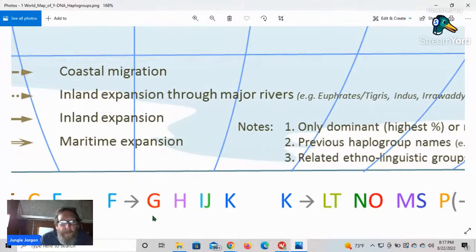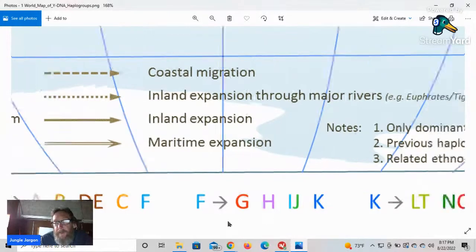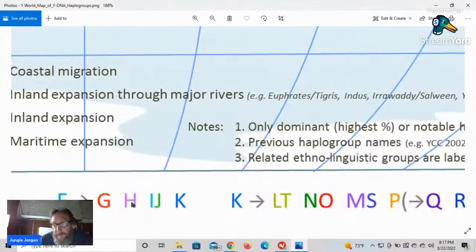But for whatever reason, he's got the G and the H grouped in with the Hamitic descendants. So he thinks A, B, C, D, and E, F, G, and H are all Hamitic, which is contrary to where people are located.